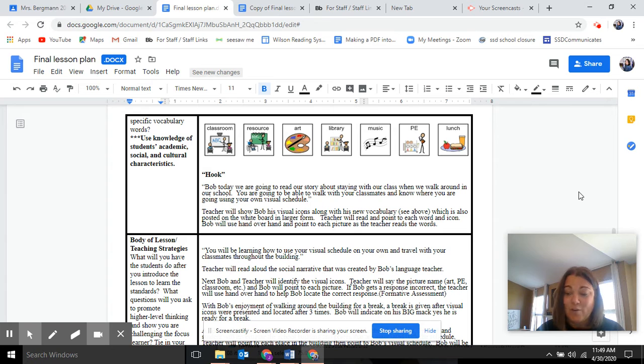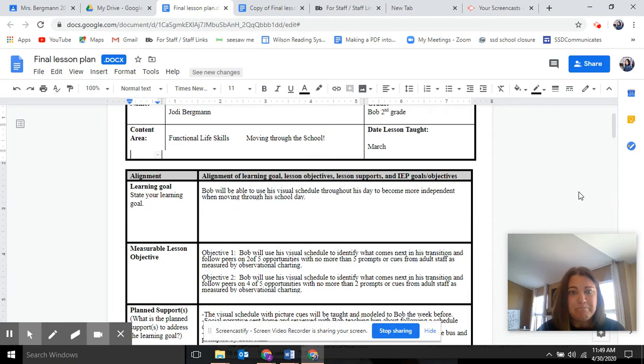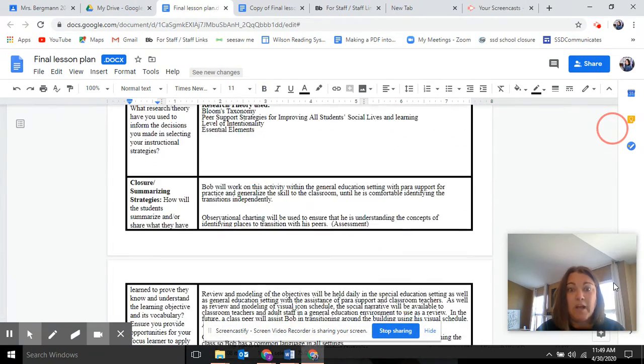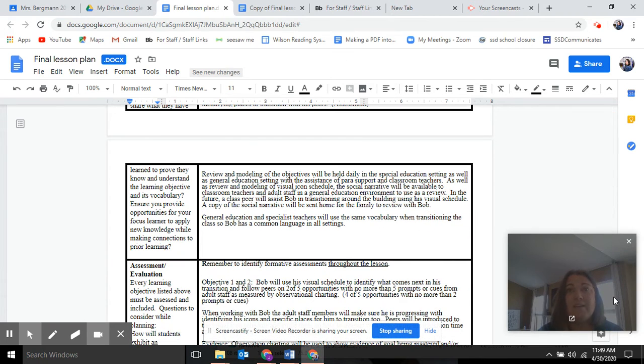And eventually, hopefully, he will be able to move through the building with his peers by a peer model or a peer helper within that transition time. So not relying on the adult support so much, but having a peer help Bob with these transitions.